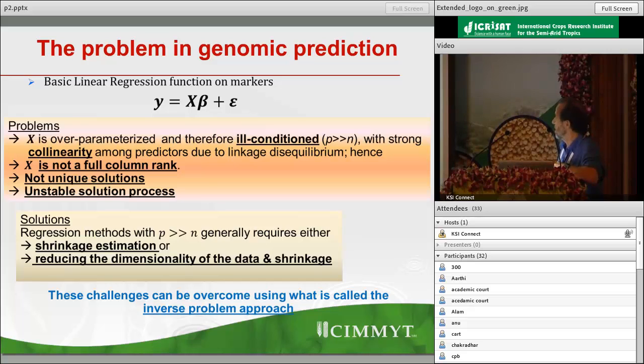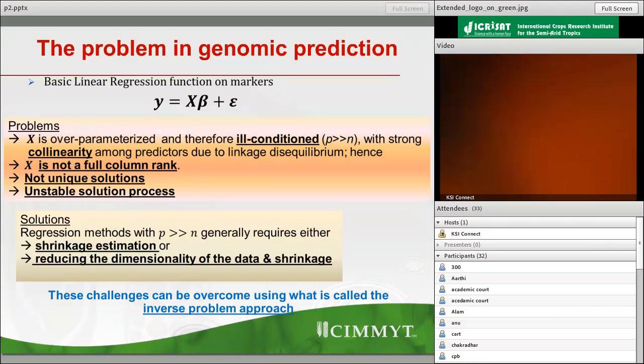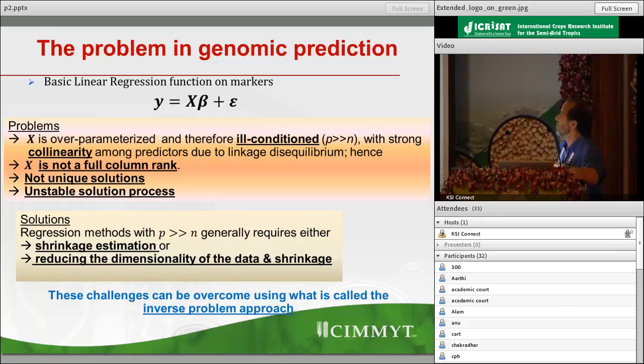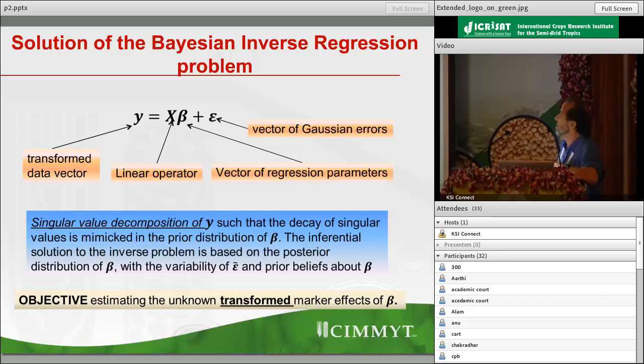What we are doing here is basically this. We have the response variable, which is a transformed data vector. We have this linear operator, which is the X, the markers, the vector of regression, and the vector of Gaussian error. We do a singular value decomposition, a principal component analysis. What has been done before by De Los Campos is the principal component analysis on the X matrix.